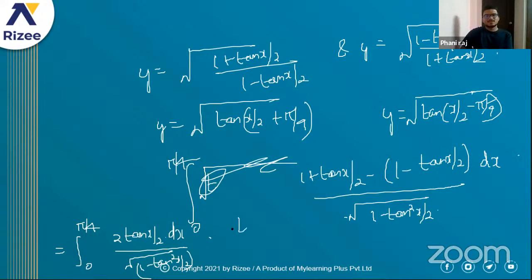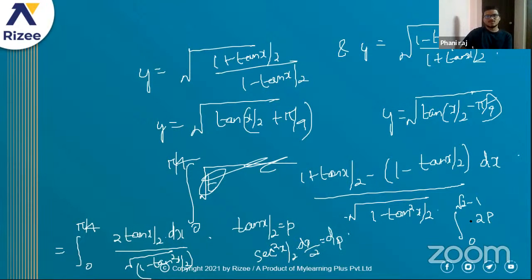Now you put tan x by 2 equal to p. Then what is the final answer you get? 0 to, this is root 2 minus 1, tan pi by 4. Secant square x by 2 into dx by 2 equal to dp.